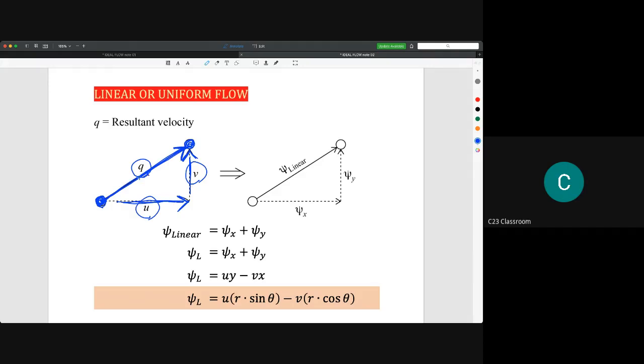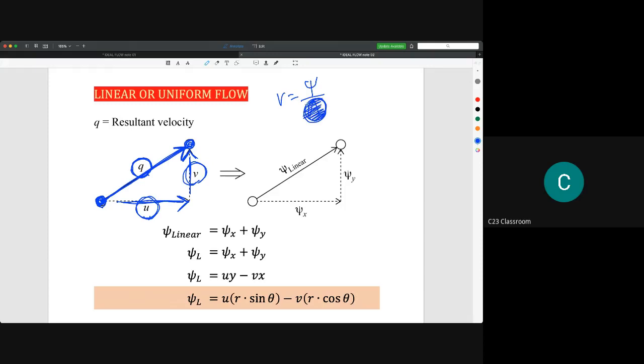Because we could express this with velocity, and we know that velocity has a relationship with psi, v is equal to psi over a. We assume that a is constant, because we are evaluating the same thing, so we could neglect the value of a at this moment.